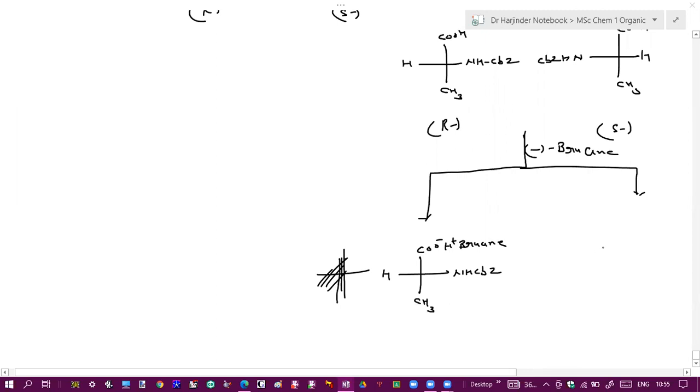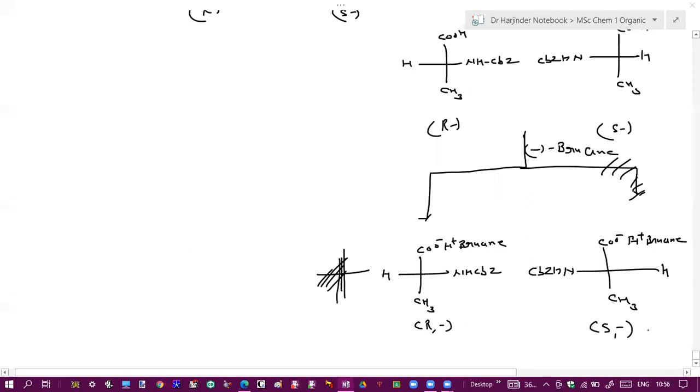The other one will be separate. So it becomes COO minus, H positive brucine, and NHCBZ, methyl and hydrogen. So here it will become R minus and here it becomes S comma minus.